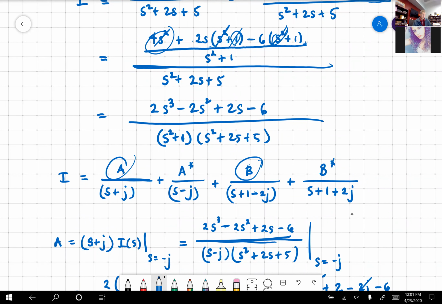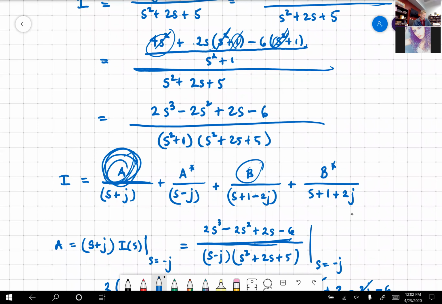I did A divided by, and this is the key right here, S minus J. And first of all, there's nothing wrong with doing that, but with the formula that we use, we want to make sure that the A is divided by the negative J, not the plus J. Because we didn't do that, here's what will happen. If you do it this way, I just want you to know what happens, because there is a repercussion. It's not critically difficult, but here's what happens.